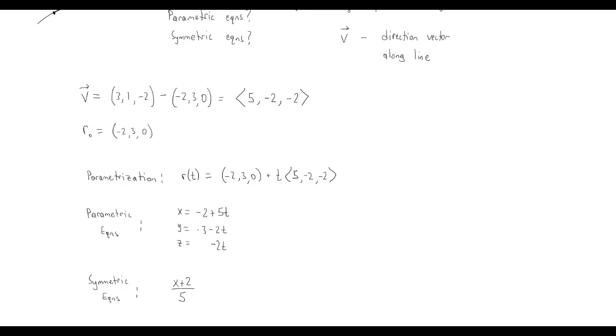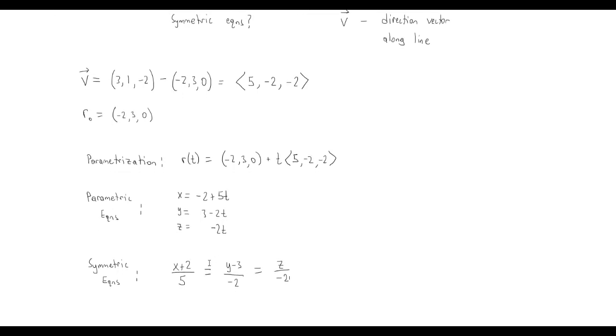In the second equation, if we solve for t, you would get t as y minus 3 over negative 2. In the third equation, if you solve for t, you're going to get t as z over negative 2. And because these are all equal to t, you can set them all equal to each other, and that gets you the symmetric equations, alright? And so again, that's 3 different ways that we have of describing a line in 3 dimensions.